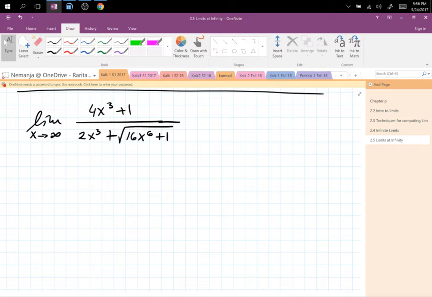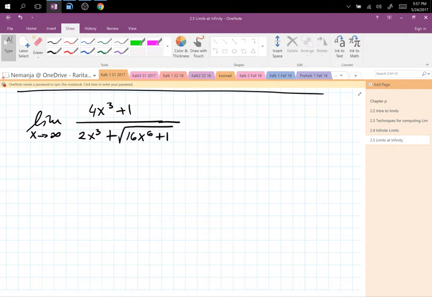What's the procedure to solve these problems? We just did it. Can't because of plus 1. Can't take anything out of the square root. What is the procedure?